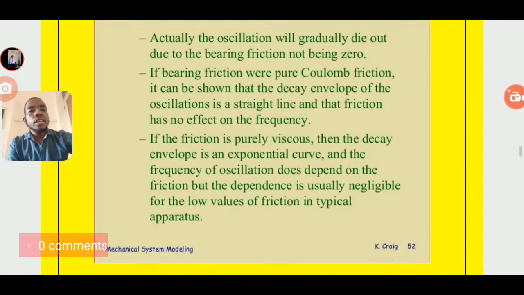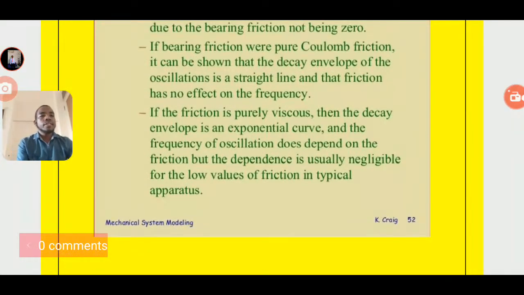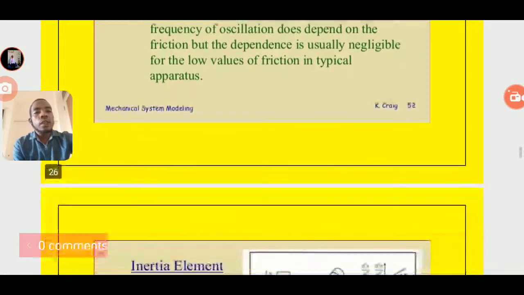If the friction is purely viscous, then the decay envelope is an exponential curve, and the frequency of the oscillation does depend on the friction, but the dependence is actually negligible, around 0 for the low values of friction in typical apparatus.